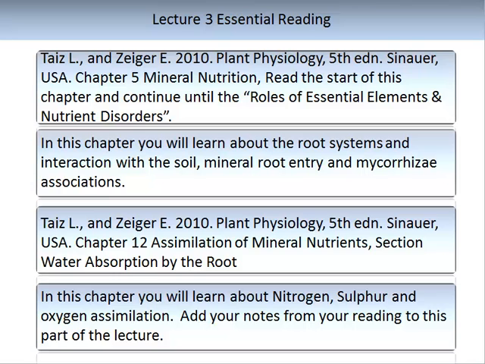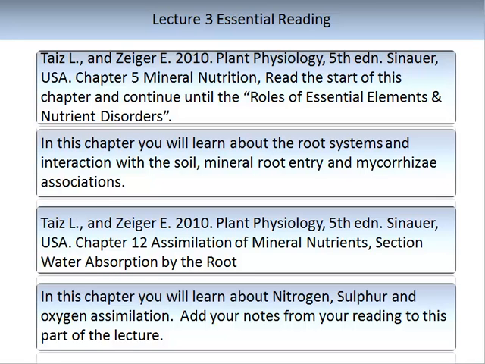This is based on the 5th edition. If you have an earlier edition, it may be a different chapter. In this chapter, please concentrate on the section The Roles of Essential Elements and Nutrient Disorders. You will learn about root systems and interactions with soil, mineral root entry and mycorrhizal associations.